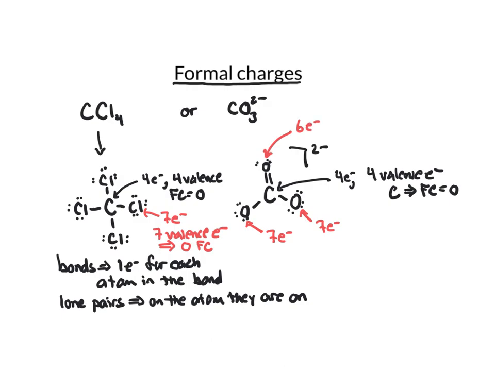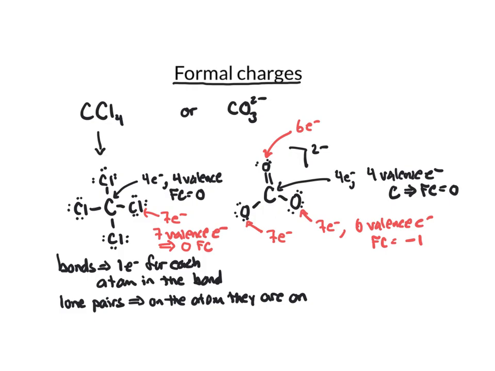Now remember that oxygen has 6 valence electrons. And so since in this Lewis structure this singly bonded oxygen has an extra electron, it should have 6, but it has 1 extra electron, its formal charge is -1. One extra electron gives it a formal charge of -1.